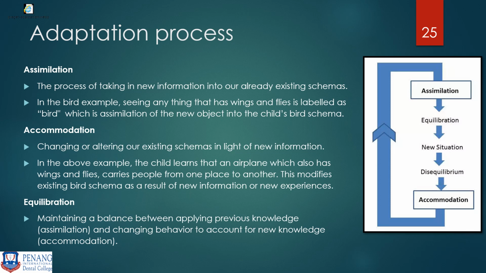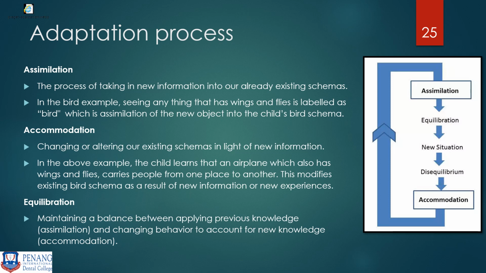Now, as he grows older, he will also have to have accommodation, which means changing or altering the existing schema in the light of new knowledge. For example, the child learns that an aeroplane, which also has wings and flies, carries people from one place to another. So this modifies the existing bird schema as a result of new information and new experience.